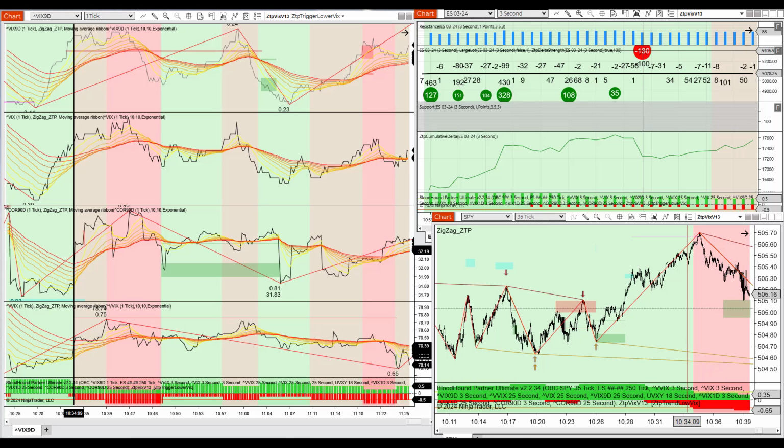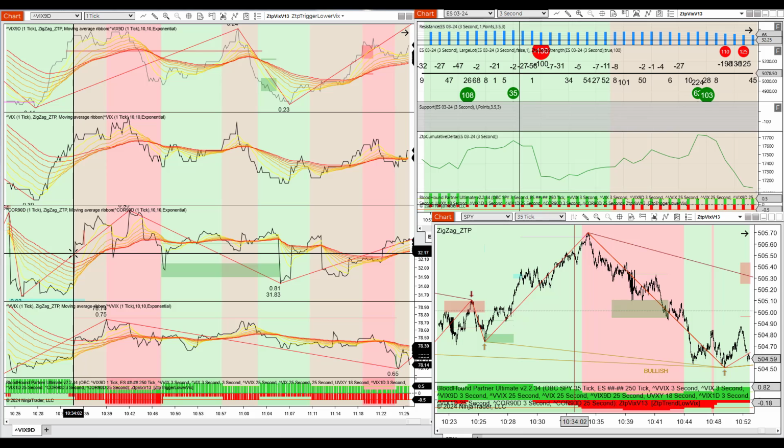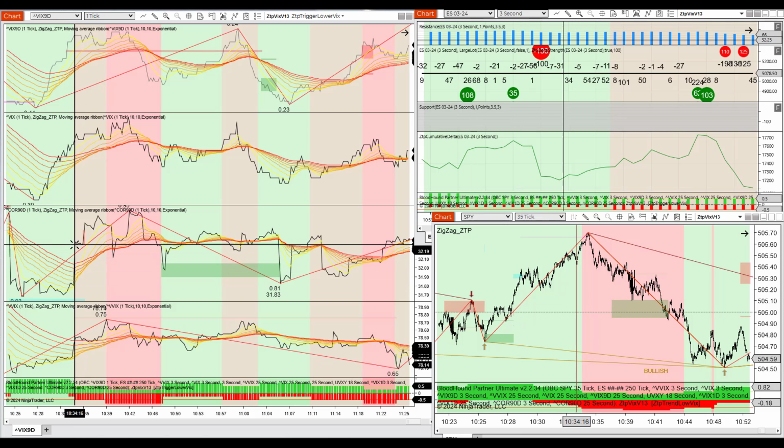What is interesting to me is, first you see the delta strength of 130 contracts sold, and over here on the core 90D we see that jump, so that 130 probably correlated to those puts.